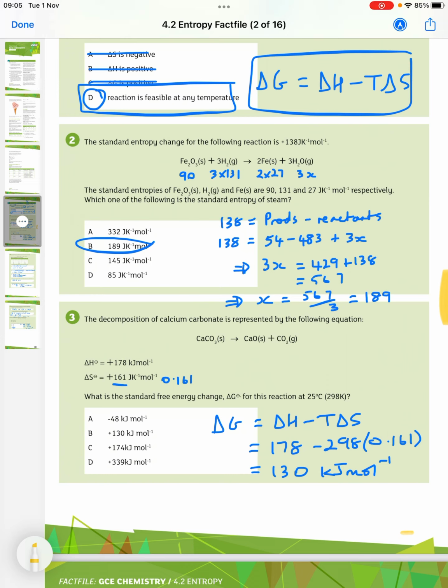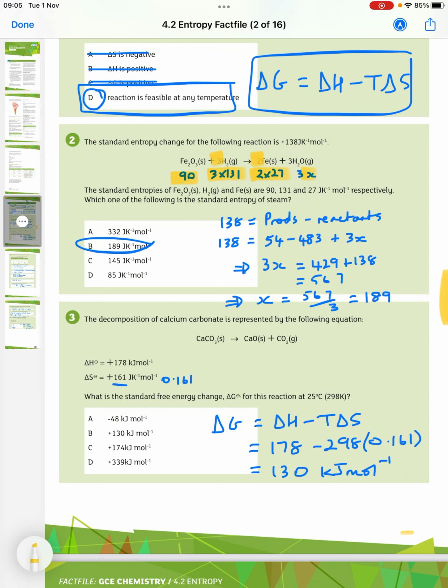Which one of the following is the standard entropy of steam? So you can see what I've done is put the values in. We have 90 for the iron oxide, 3 times 131 because there are 3 moles of hydrogen, 2 times 27 for the iron, and then the water, I'm calling it X, and there's 3X then for 3 moles of water.